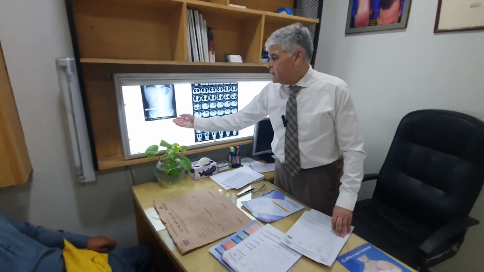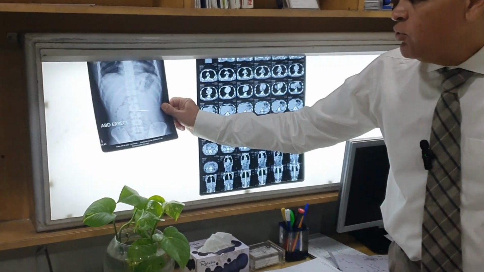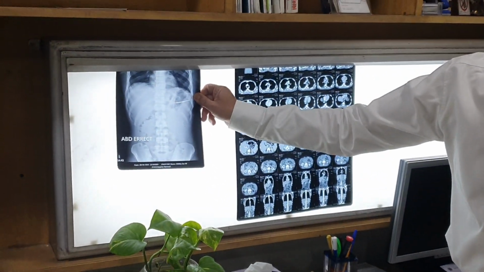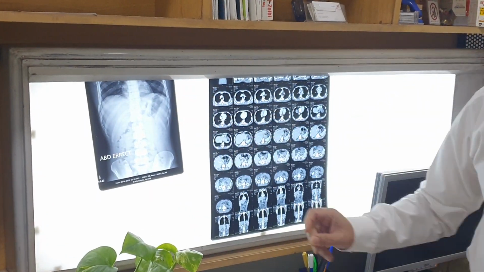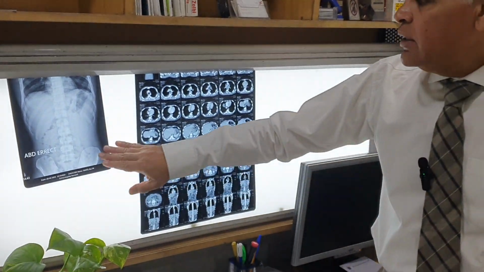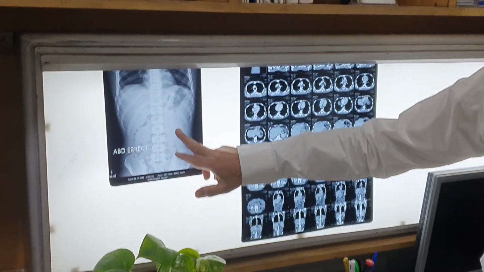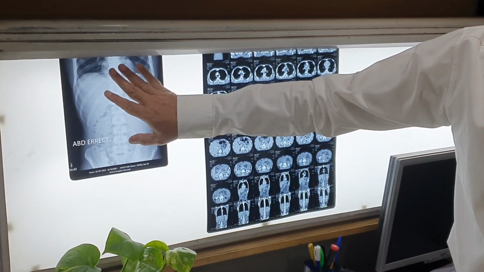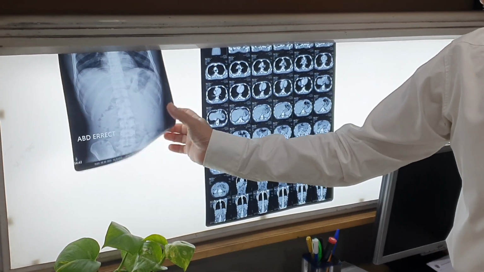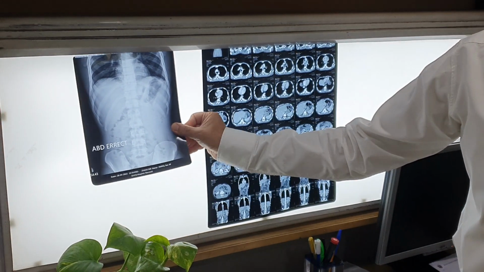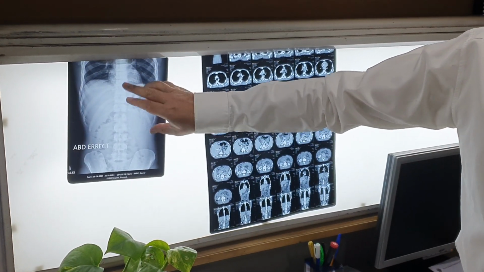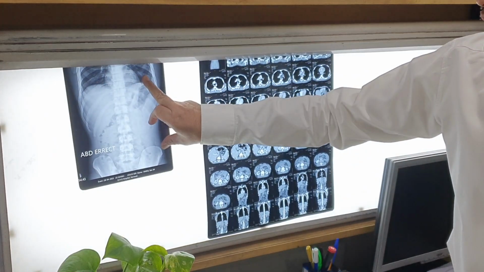The abdominal X-ray is always taken in a supine position, because in a supine X-ray you will get the maximum information with regards to the abdominal structures, and especially with the gaseous pattern. If you see here, the heart size is normal, and you can also see clear lung fields.